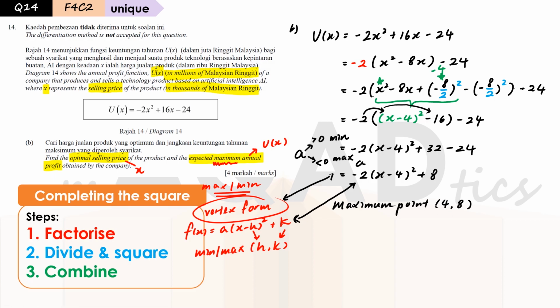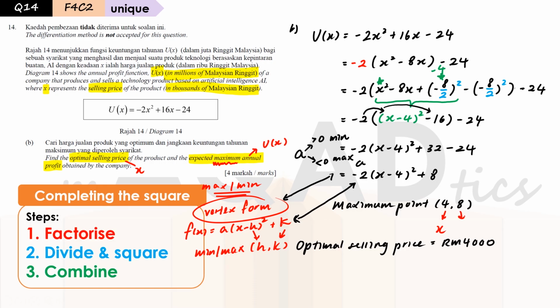Alright, since 4 is the x value, according to this question x is the optimal selling price, and it's in thousands, so the optimal selling price is 4,000.